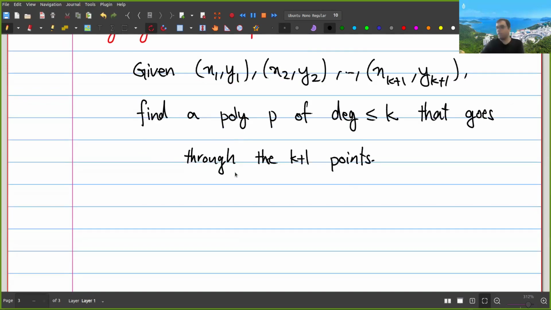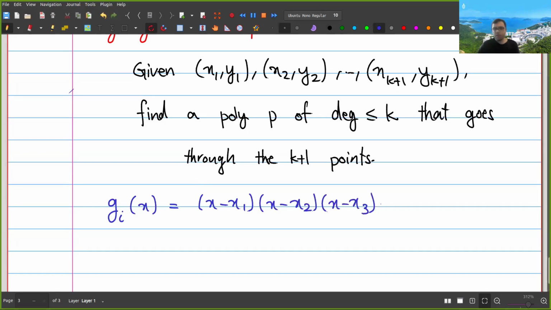Now, first of all, I'm going to create a polynomial that is 0 at all of these x values except for one of them. So this is what I'm going to do. I'm going to define a polynomial, let's call it gi of x, and I'm going to say that this polynomial is just x minus x1 times x minus x2 times x minus x3, and so on, times x minus xi minus 1, but then I don't add the xi.